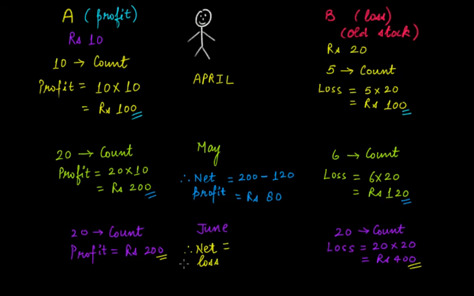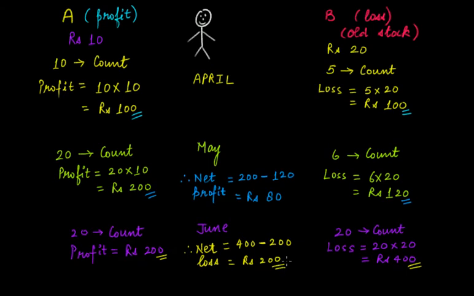And what is this net loss? This net loss is of rupees 400 loss minus 200. Why? Here you are taking this 400 because the loss is greater than the profit. Therefore this will be rupees 200 net loss.